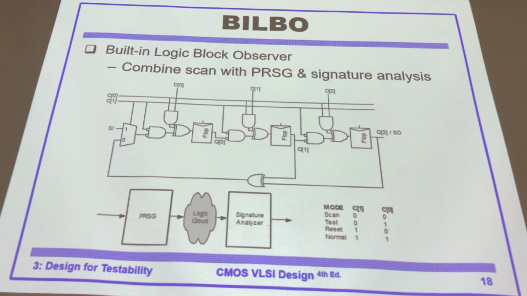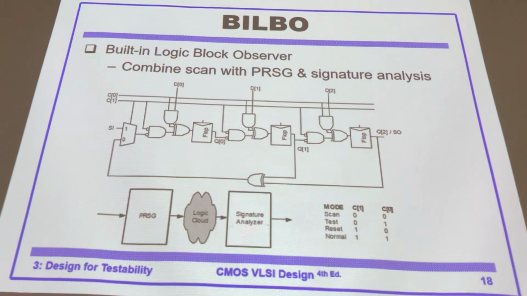And the same circuit can receive the output from the design, get it into this circuit and try to compress it, accumulate, using the XOR gate, combining them together, resulting in only one syndrome to look at whether or not that's correct. And we call that building logic block observer. It can produce the test pattern, it can also observe the result.